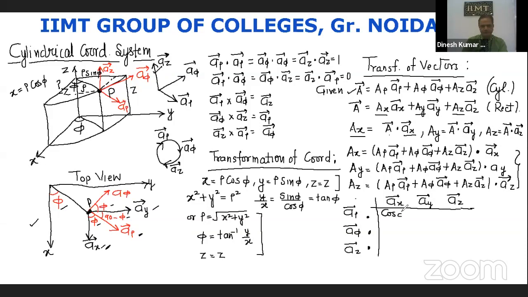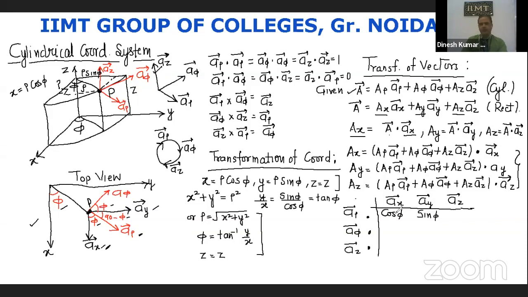I will write here. Similarly, a rho dot ay. This is a rho, and this is ay. And the angle between them is, as you can see, 90 minus phi. So cos of 90 minus phi. The dot product of a rho and ay is cos of 90 minus phi, it will be sin phi.